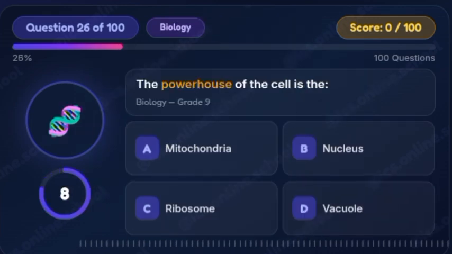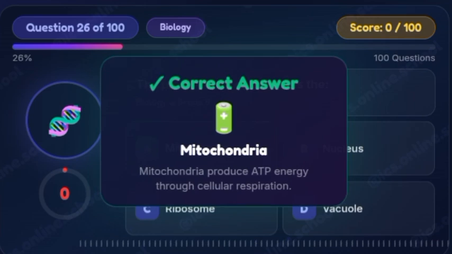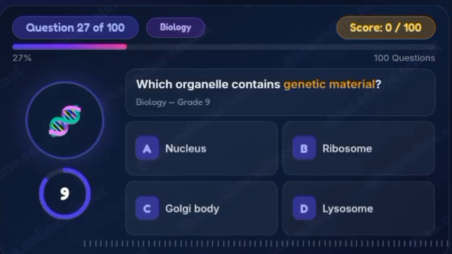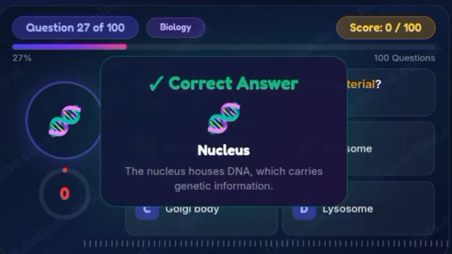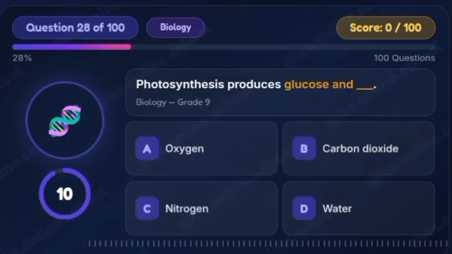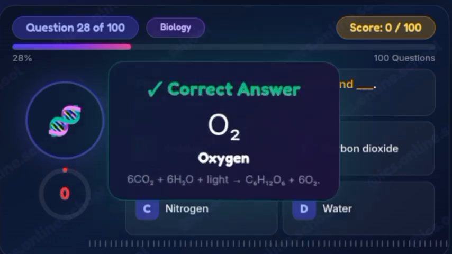The powerhouse of the cell is mitochondria. Which organelle contains genetic material? Nucleus. Photosynthesis produces glucose and what? Oxygen.